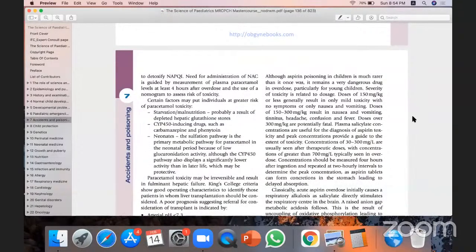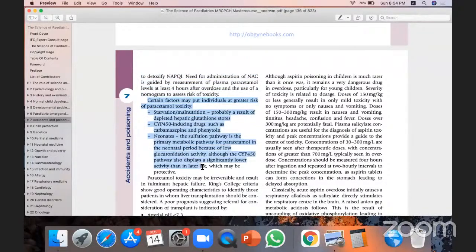Now this is very important: for measurement of plasma paracetamol, we should wait at least 4 hours. And there is a nomogram of paracetamol poisoning. We will read it today. What is the nomogram? And certain factors put a child at greater risk, give it a star mark.